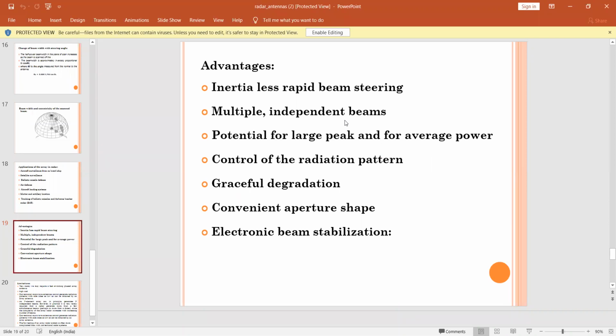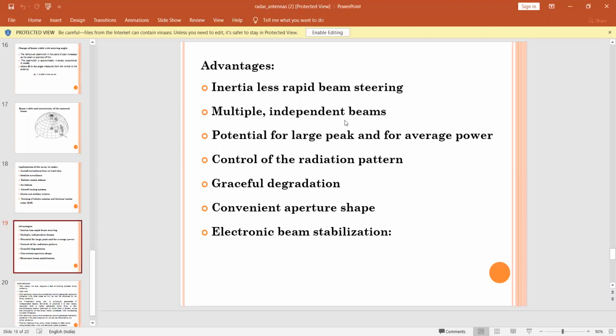Separate monopulse sum and difference patterns, each with its own optimum shape, can also be generated. Graceful degradation: the distributed nature of the array means that it can fail only gradually and not at once.